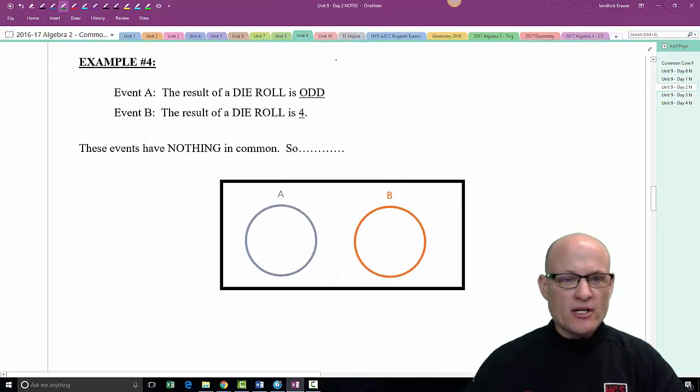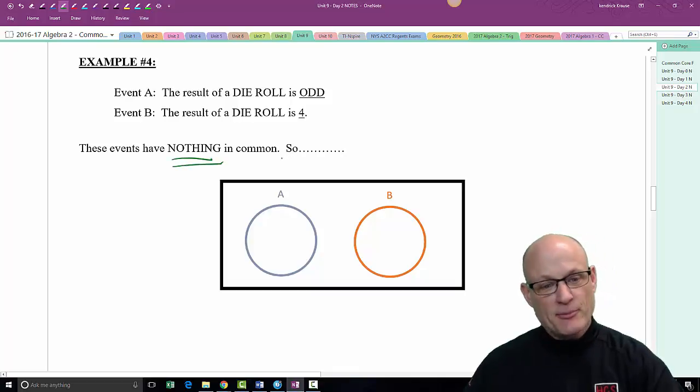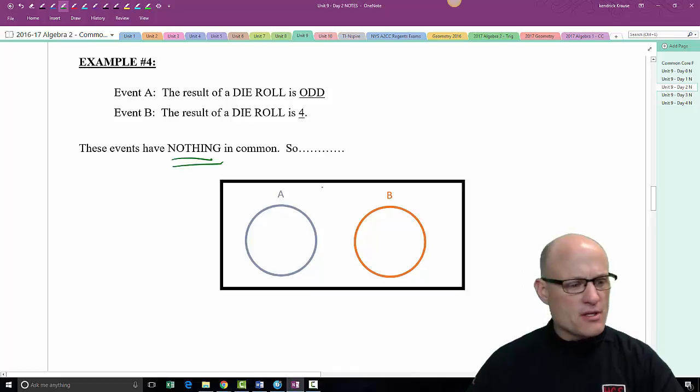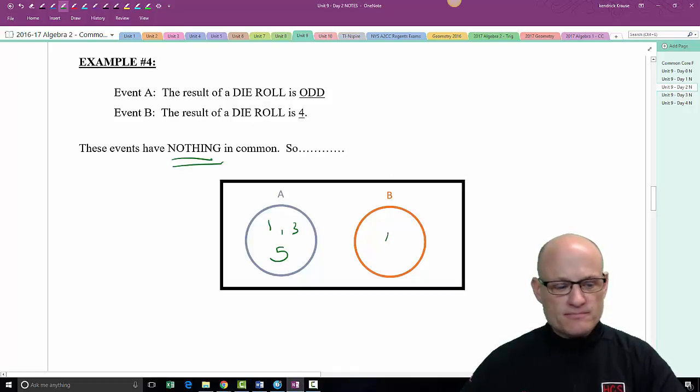So here we go. The result of a die roll is odd. The result of a die roll is 4. These events have nothing in common. For example, event A, they're odd. That could be a 1, a 3, or a 5. Event B, the roll is a 4.